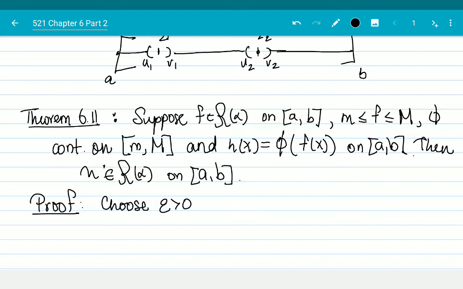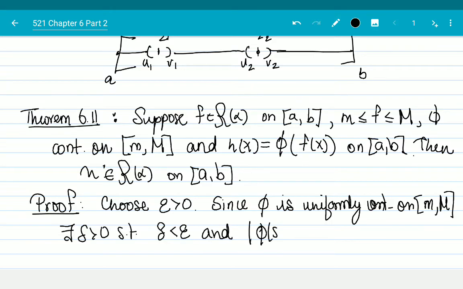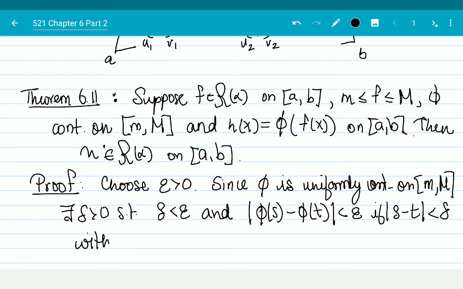Again, since phi is continuous, it is uniformly continuous on the interval small m to capital M. There exists delta greater than 0, such that delta is smaller than epsilon, and phi of s minus phi of t is smaller than epsilon if s minus t is smaller than delta, with s comma t belonging to small m to capital M.